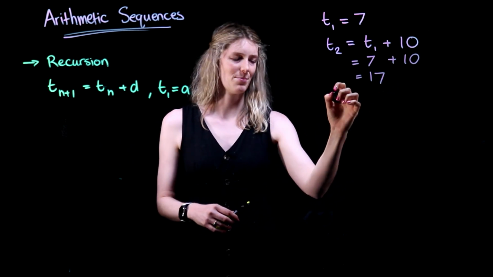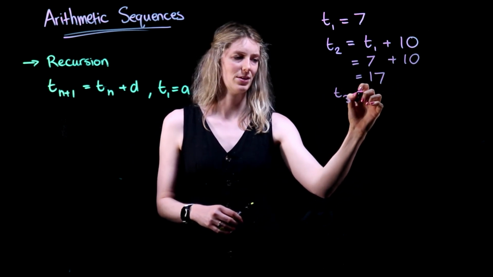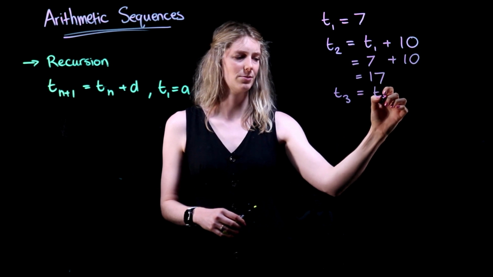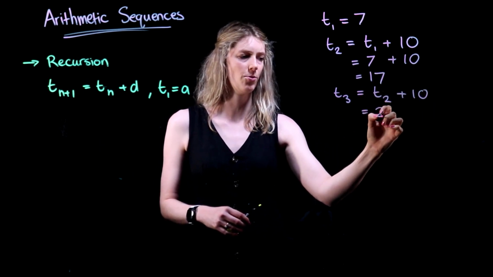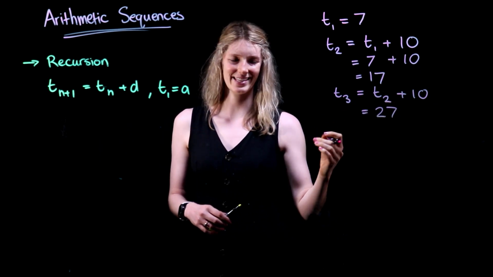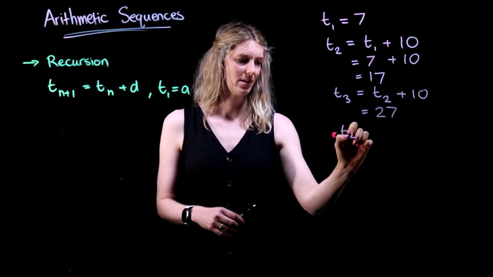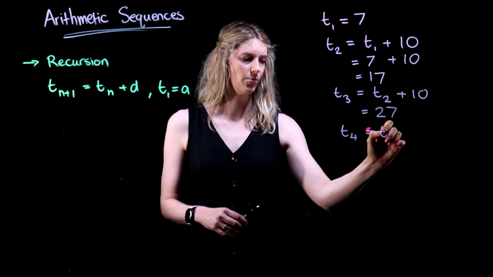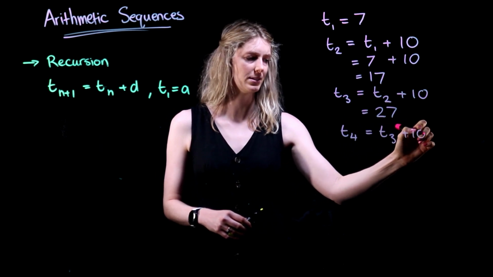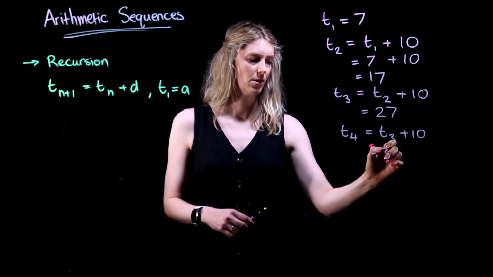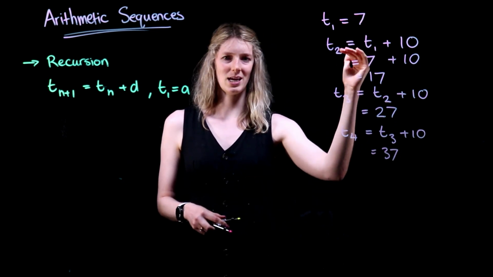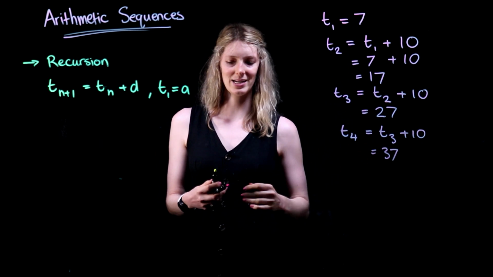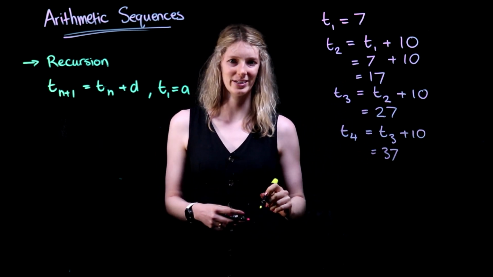This process can be repeated for terms 3 and terms 4, whereby we're taking the term before and adding another 10 onto it. And then finally term 4, we'll have term 3 plus 10, which will give us 37. So we're taking each successive term and adding that common difference onto it.